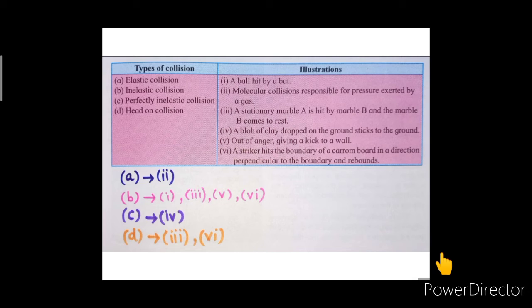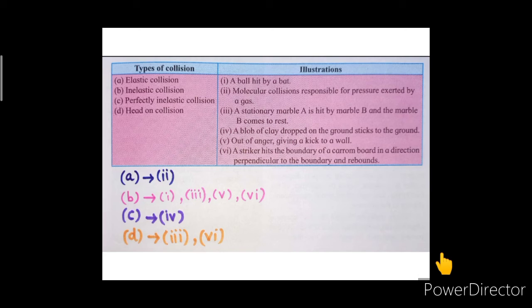Here also the momentum is conserved, with a change in direction when it rebounds after colliding with the boundary, but the kinetic energy would not be the same. That is why it is an example of inelastic collision. So for B, inelastic collision, the match is illustration number 1, 3, 5 and 6. Here you are supposed to write down the complete answer.